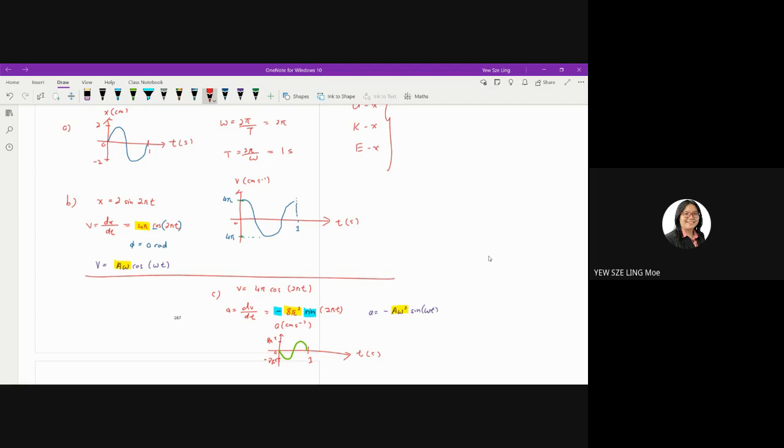If you are done, I encourage you to try question 2, because graph sketching is a very common question in the exam.